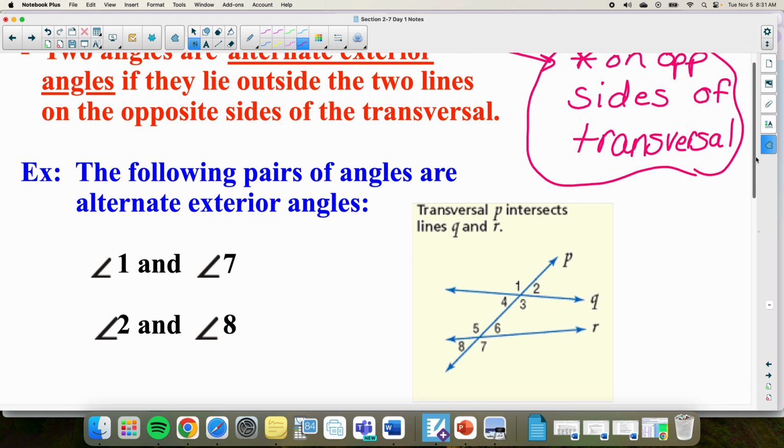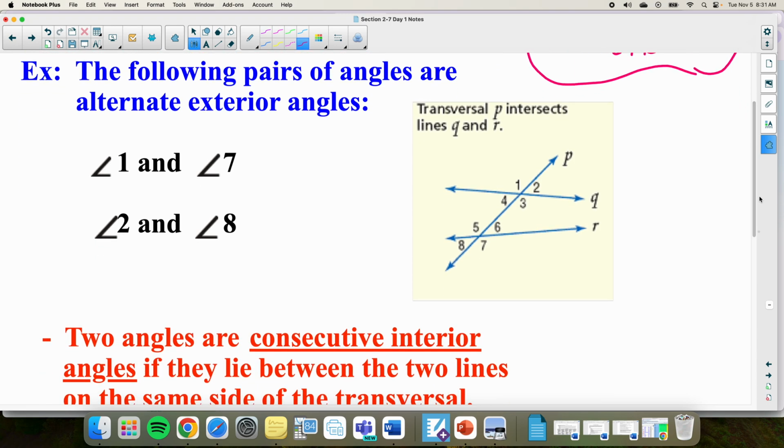Okay, so if I look down here, I'm choosing one from up here and one from down there because those are my exterior ones, and I want them to be on opposite sides of P, which is our transversal. So do you get that 1 and 7 would be alternate exterior, and 2 and 8 would be alternate exterior, okay?